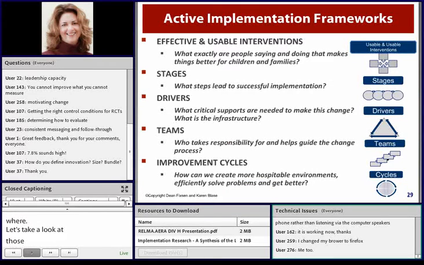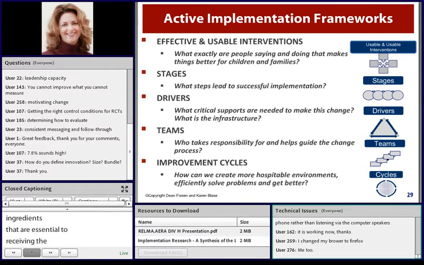First and foremost, for the what, we have the framework of effective and usable interventions or innovations. And this is where we have 4 criteria to guide what we define as a usable innovation. One is you have to clearly know the program's philosophy and background. The critical components or those active ingredients that are essential to receiving the outcomes need to be identified and known.